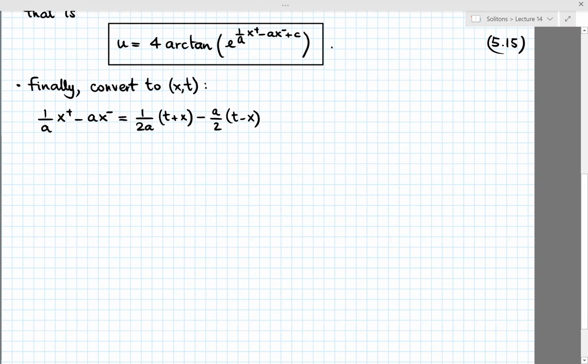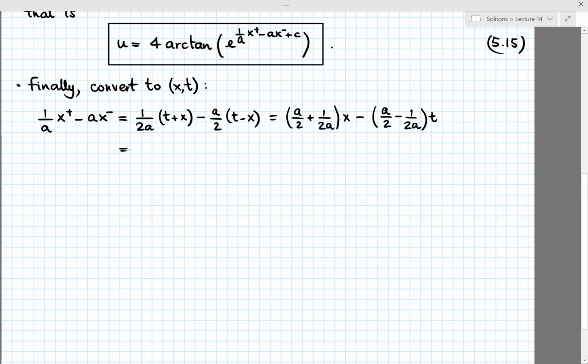And now I can collect the terms which multiply x. So this will be a over 2 plus 1 over 2a. And I can also collect the terms which multiply t. I'll write a minus sign in front, and I get a over 2 minus 1 over 2a.